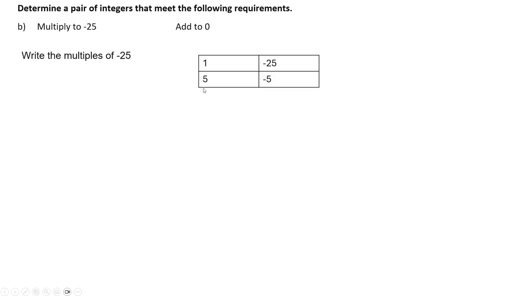Well, these are our multiples. There's actually negative 1 and 25, and we could say negative 5 and 5. But we'll start with these two and see if one of these pairs adds up to 0. And it just so happens that 5 plus negative 5 add up to 0. So that's our pair. That's our answer.